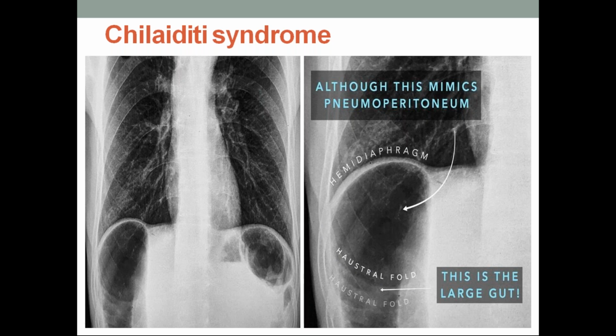We have to look for the haustrations. If haustrations are there, it is a large bowel. If valvulae conniventes are there, it is the small bowel. I will show you in the next slides what the valvulae conniventes are. This is a large bowel because we are getting haustrations. This is Chilaiditi syndrome.